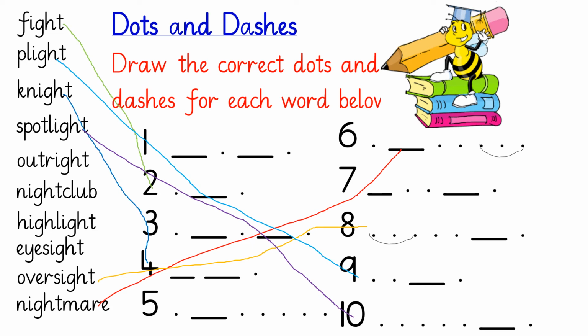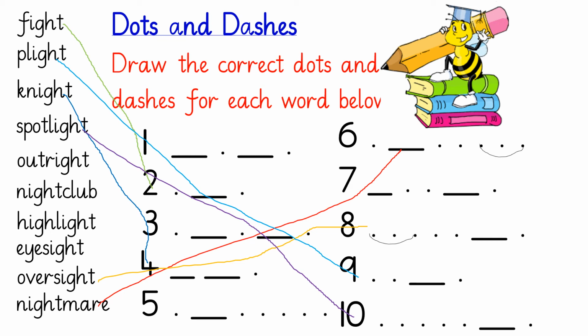Then we've got nightclub. Now nightclub, oh no, I've missed out outright. So outright, it starts with OU, which makes an OW sound, which means it's starting with a dash. Okay, and if we remember, 1, 4, and 7 all started with a dash. 4's already been taken, it's night. So in that case, it's either 1 or 7 that is outright.